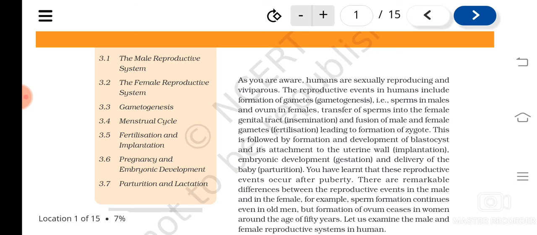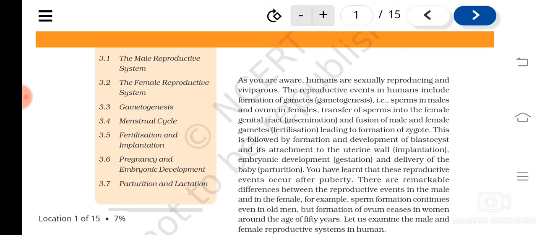Then the implanted blastocyst develops into the embryo, the fully developed embryo, and that happens during the gestation period. Embryonic development is known as gestation, and then the delivery of the baby is parturition. So all these are the events that we study in human reproduction.